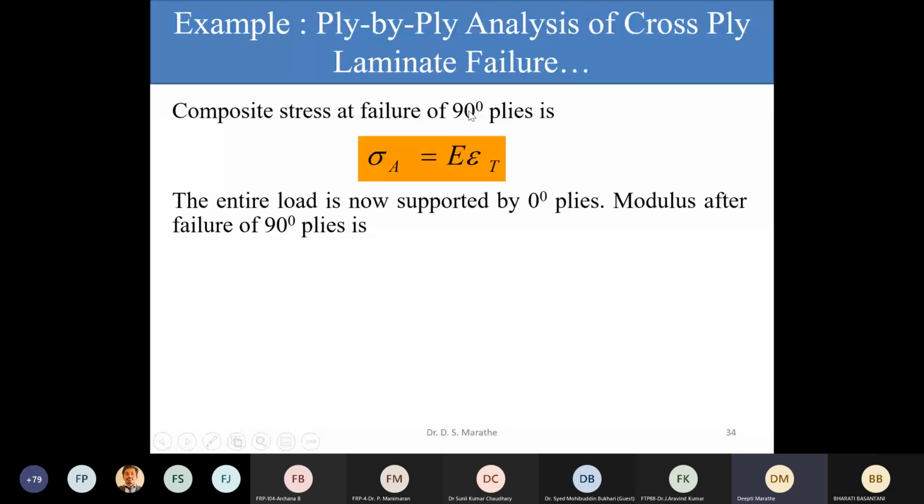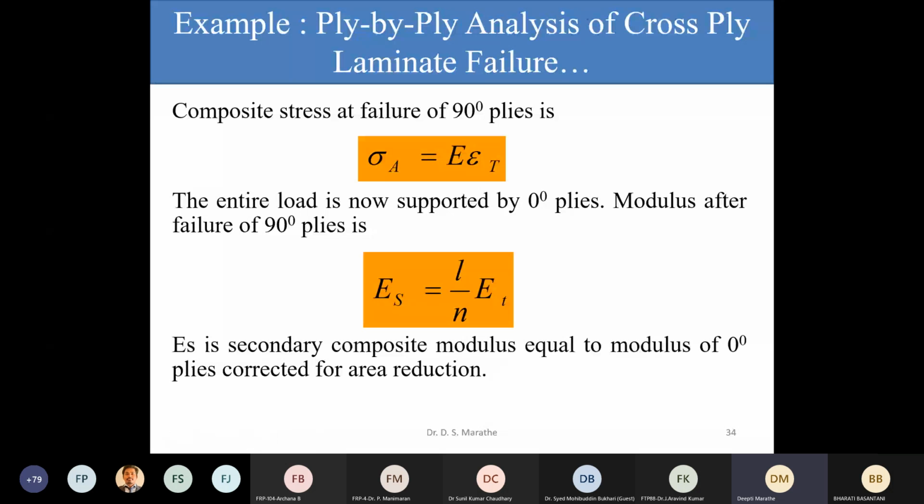So now the entire load has to be taken up by the 0 degree plies, because I have come up to a point that the 90 degrees plies have completely failed, and therefore I have to recalculate my modulus, and now my modulus is only going to be L by N, because there are L longitudinal plies in the total N number of plies. Now ES is nothing but the secondary composite modulus, which is equal to the modulus of 0 degrees plies corrected. Now naturally there is some reduction in area taking place because all my 90 degrees have failed.